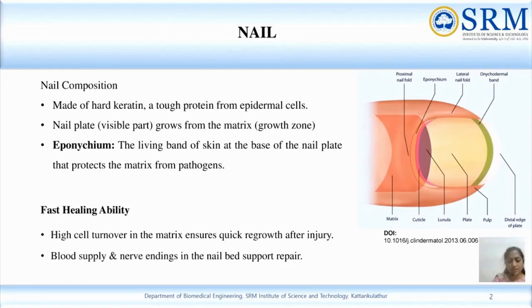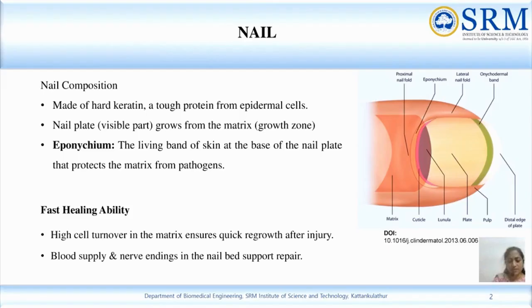And there is the onychodermal band, which is a thin grayish or glass-like band located where the nail bed ends. This is the free end basically. And the pulp is the fleshy part of the fingertip.